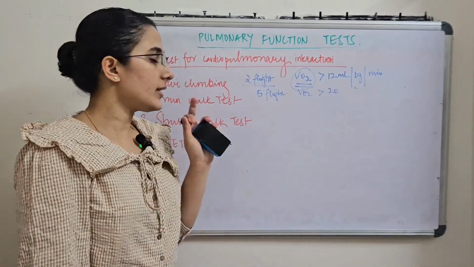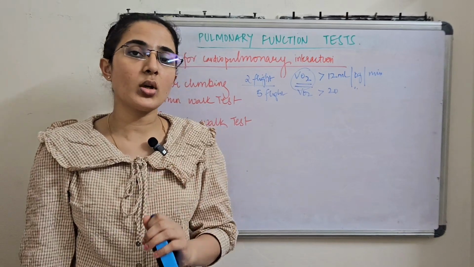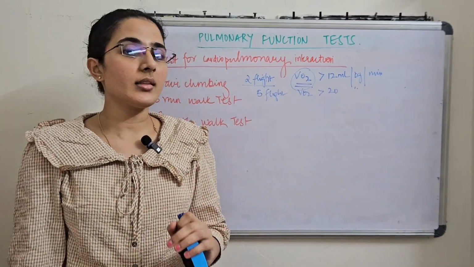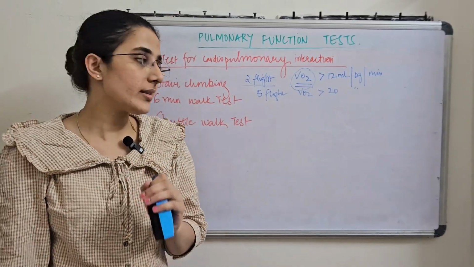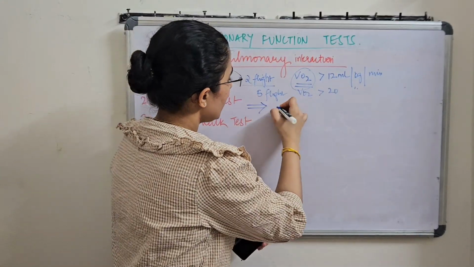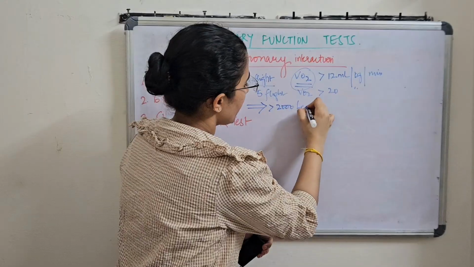Next we come to the 6-minute walk test. In the 6-minute walk test, the patient is asked to walk for 6 minutes as swiftly as possible. The distance travelled by the patient is measured in meters or feet. Generally the patient should be able to travel more than 2000 feet.